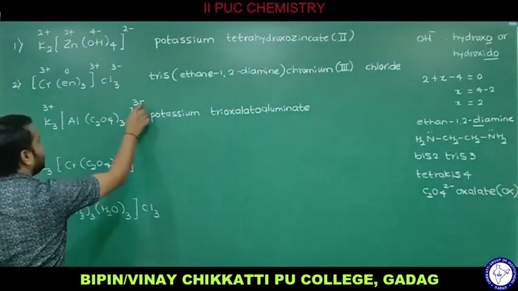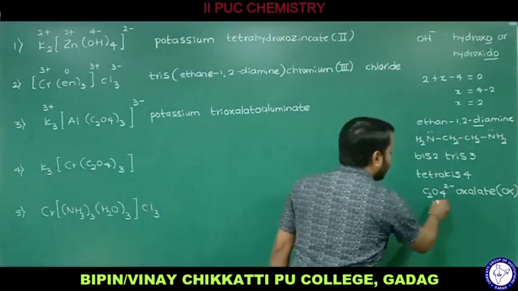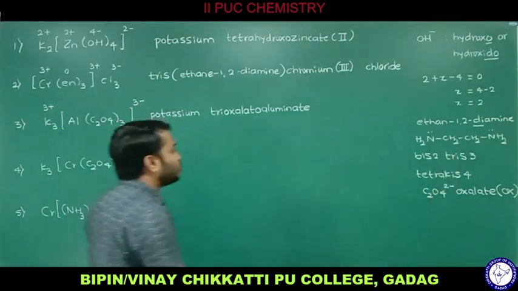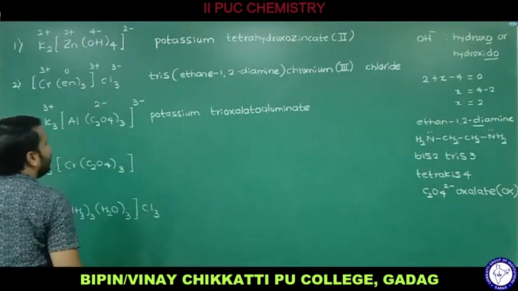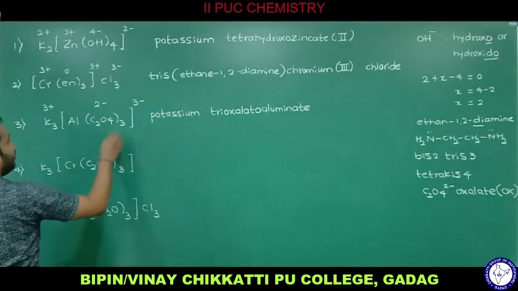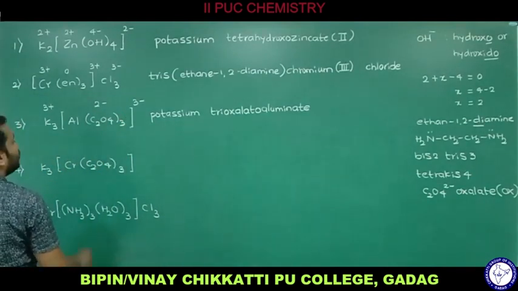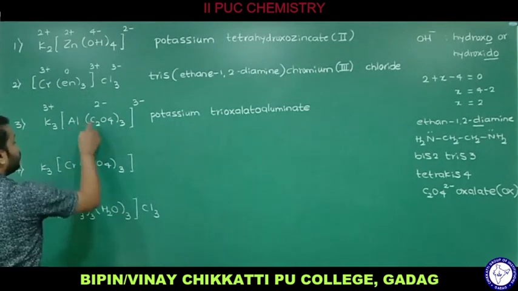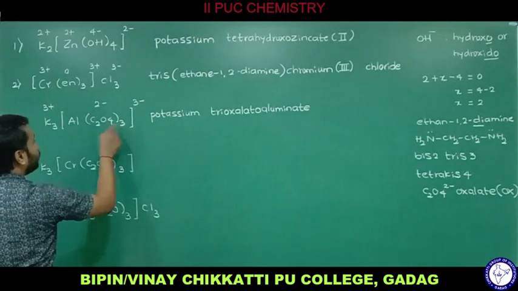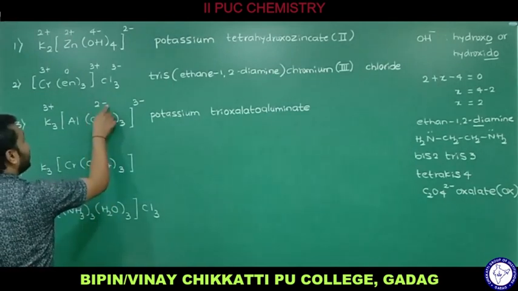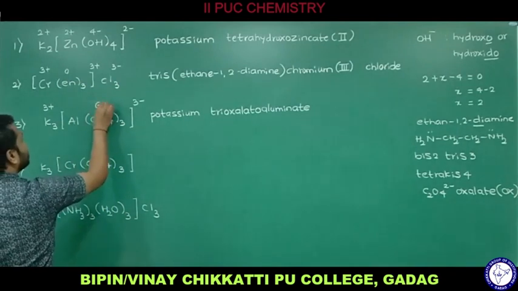The total charge will be 3 minus. This C2O4, what is that? Oxalato ion, so the charge is 2 minus. Here I will write 2 minus. If this is 2 minus and we need 3 minus as the answer, what would the oxidation number be? 2 minus is for 1 oxalato, but we have 3 in total, therefore 2 minus into 3 is 6 minus.